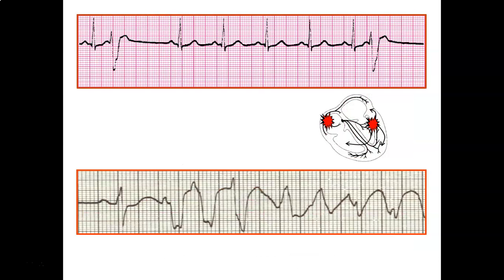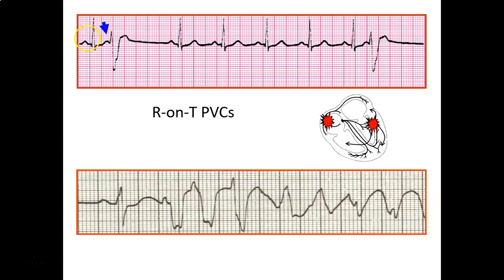Another important finding we have to keep in mind when you are dealing with PVCs is the R on T phenomenon. What it means is the R wave of the PVC falls on the T wave of the normal QRS complexes. And we all know that the T wave is produced by ventricular relaxation, ventricular repolarization. So in this repolarization phase, the heart is in relaxing mode.